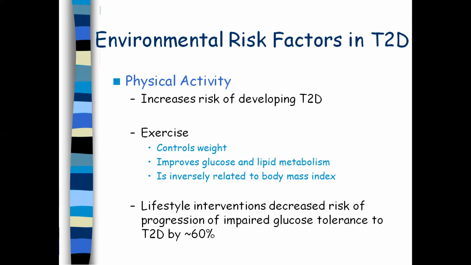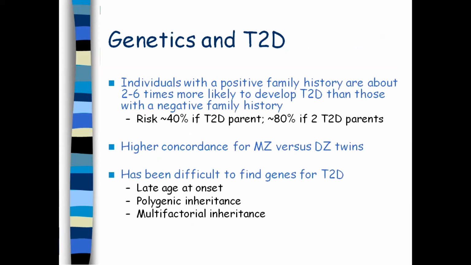So most of the time, impaired glucose tolerance in type 2 diabetes is approximately around 60%. And if we modify the lifestyle through intervention, that may result in a reduction, approximately 60 to 70%.